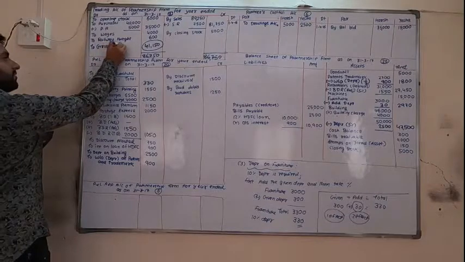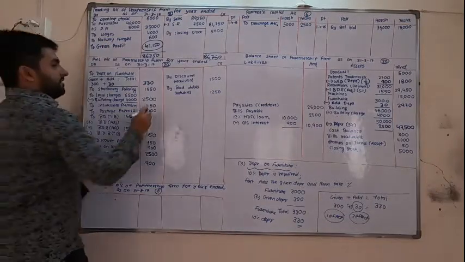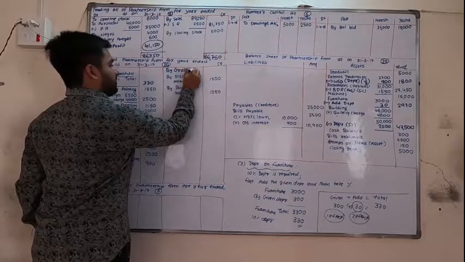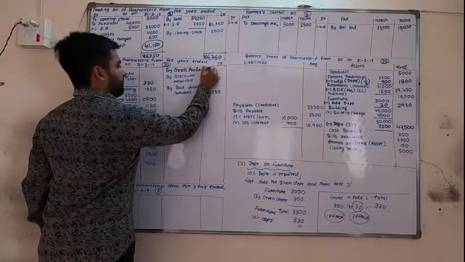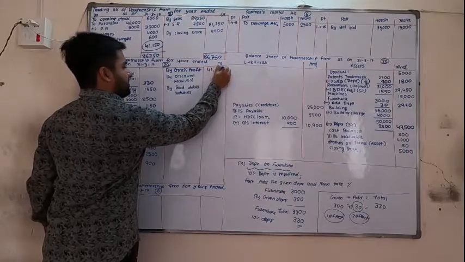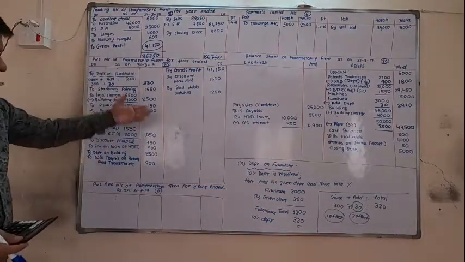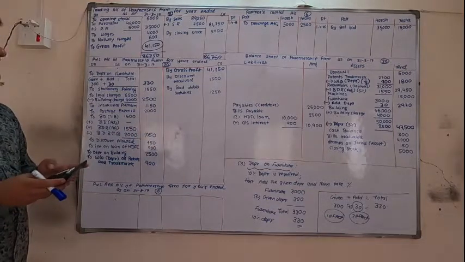To gross profit, by gross profit 41,150.